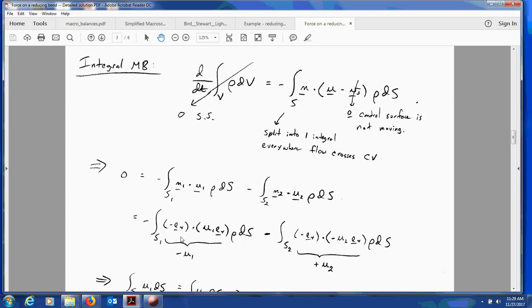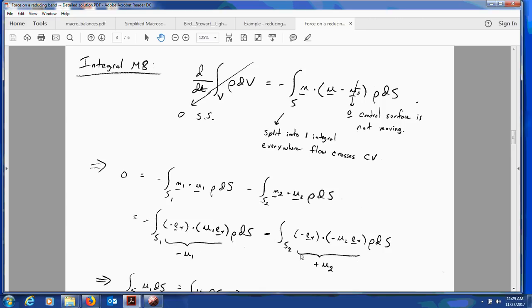So now the next step is simply to substitute. n1 is minus the ex unit vector. u1 is simply u1 scalar times ex. So if we do that dot product, the integrand here becomes minus the u1, which is a scalar quantity, rho, integrated over the surface S1.